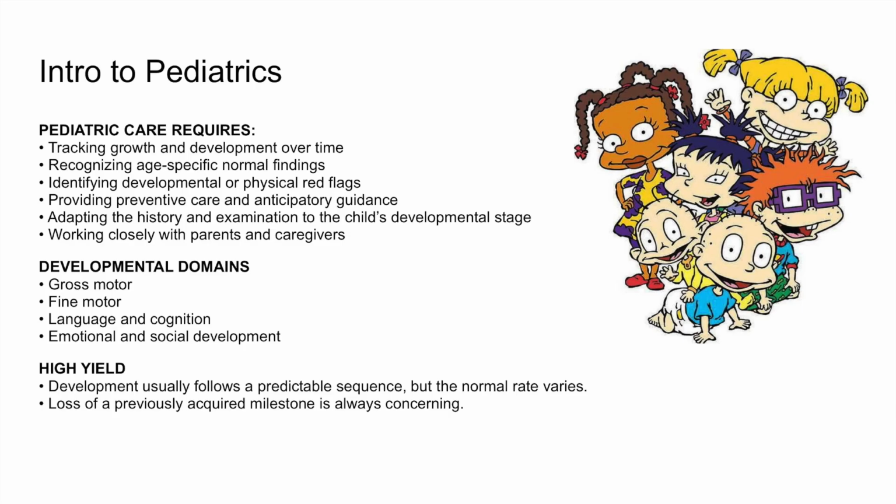Preventive care and anticipatory guidance are a central part of pediatrics because many injuries and developmental problems can be identified before they cause lasting harm. Milestone timing varies among healthy children, but loss of a skill that was previously acquired represents developmental regression and should always prompt further evaluation.